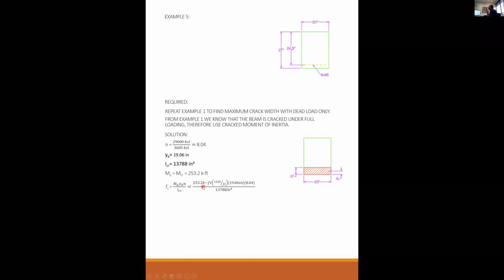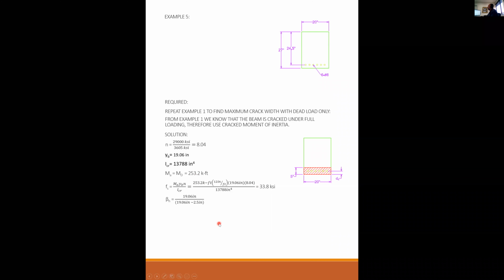So I put in 253.2 kip feet. I convert that to inches, times my neutral axis, times my modular ratio, divided by my cracked moment of inertia, and I get 33.8 KSI. So theoretically, that's the stress in the steel under this load.